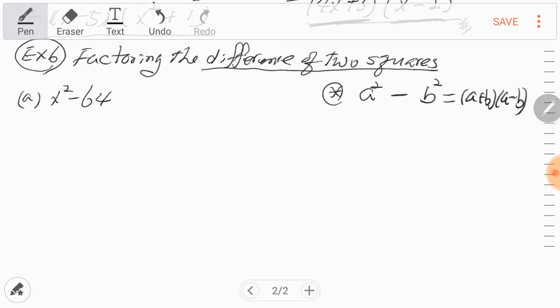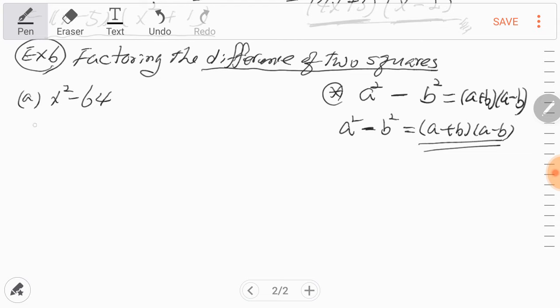Difference of two squares. So there is a minus, and the two terms are squares. A squared minus b squared. Then the factor form is one is plus, one is minus. So a plus b, a minus b. Don't forget, it's really important.